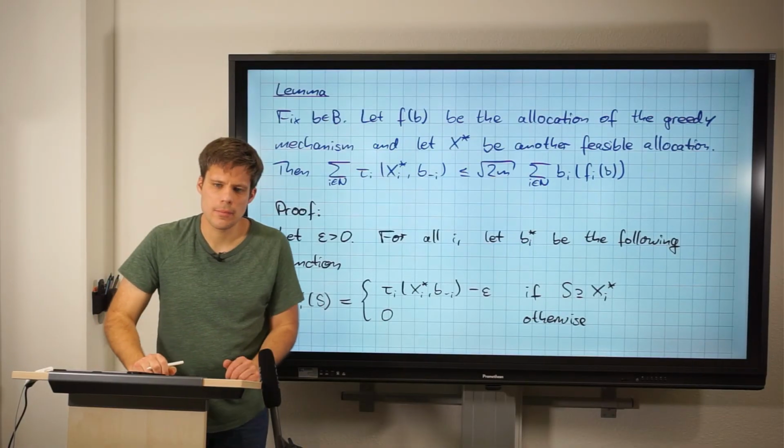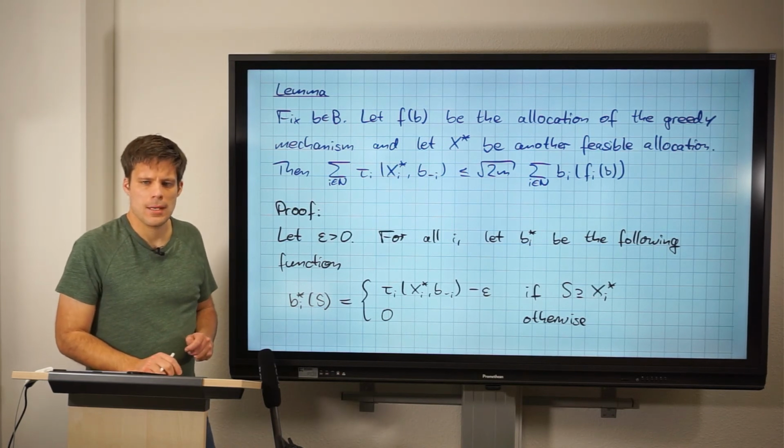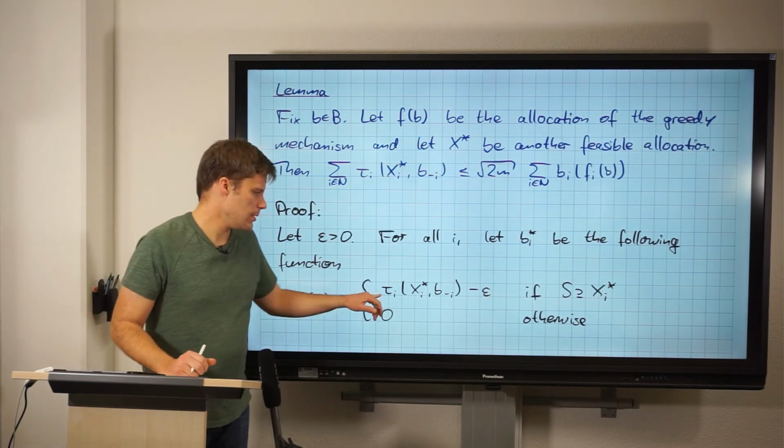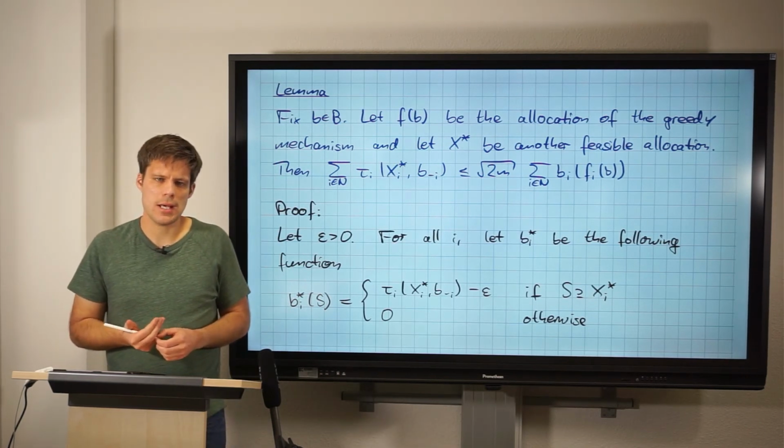What's that? What does this mean? Well, there is now this critical bid. This is how much you would have to bid on the set x_i star in order to win it.